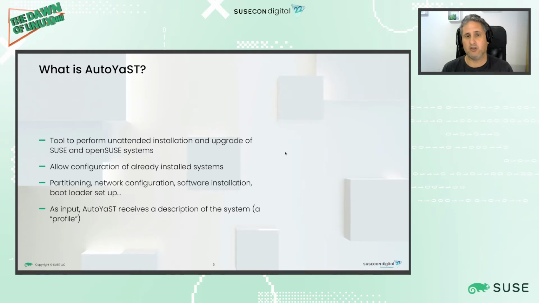So if you have an already installed system, you can use AutoYaST to automatically configure that system. It's able to do, well, the same things that yast can do: partitioning, network setup, software installation, bootloader installation, etc. The only thing that AutoYaST needs is basically an AutoYaST profile, which is an XML document explaining how the system should look at the end.